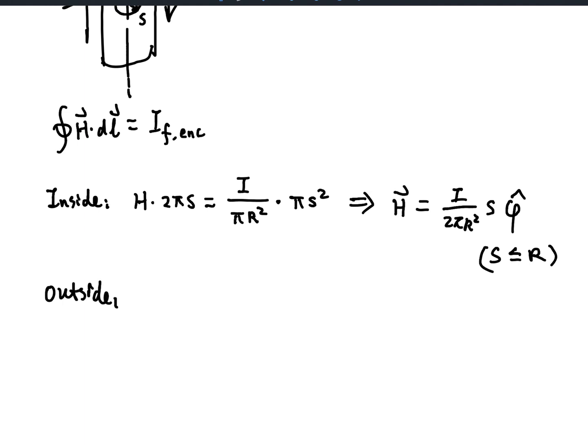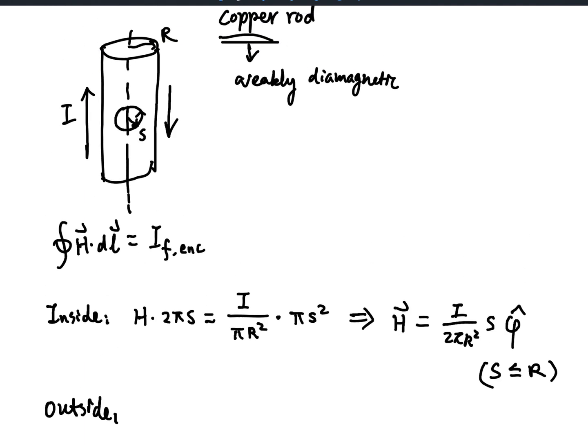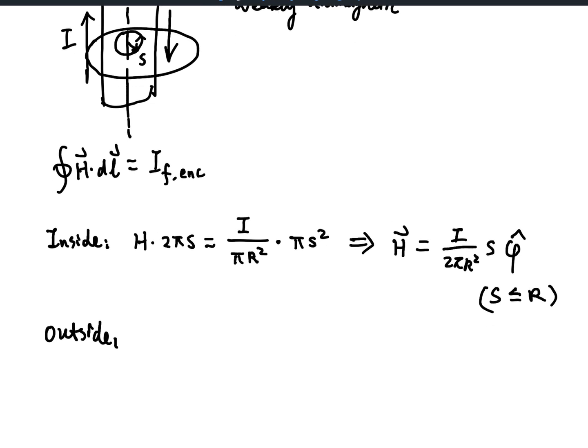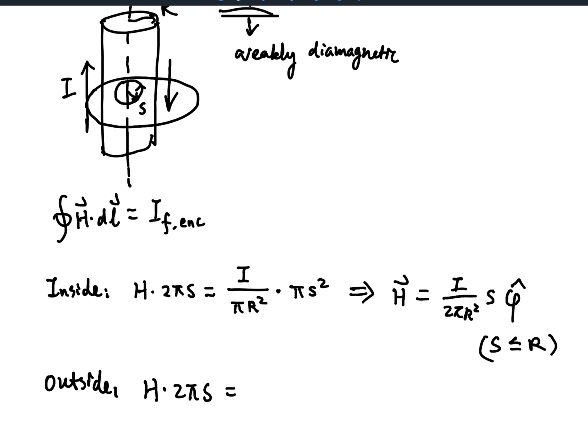Now consider outside. Outside we just create a loop. H times 2 pi s is still the same, but now what is the total current inside this loop?